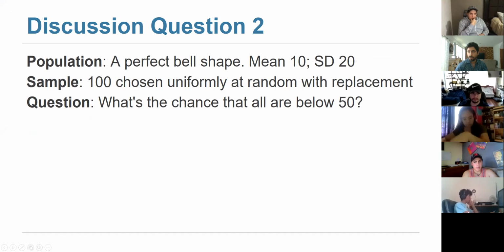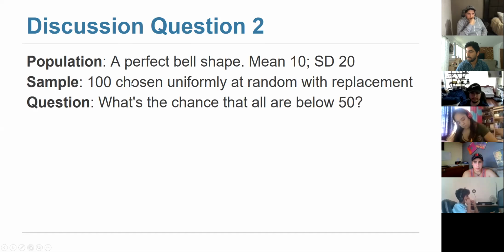Okay. Yes. Question 2 is slightly different, looking at it from a different side. We already have a perfect bell shape, with the mean of 100 and the standard deviation of 20. So we're going to take 100 samples from this perfect bell-shaped normal distribution.